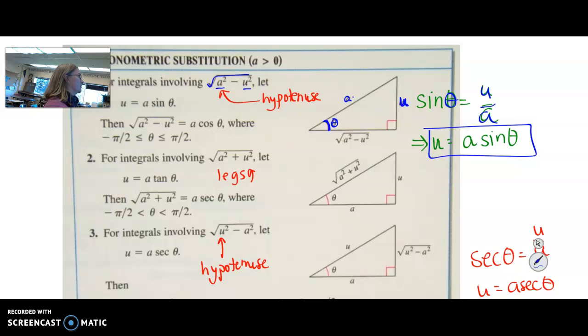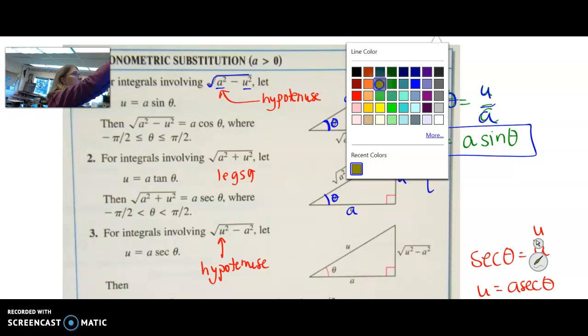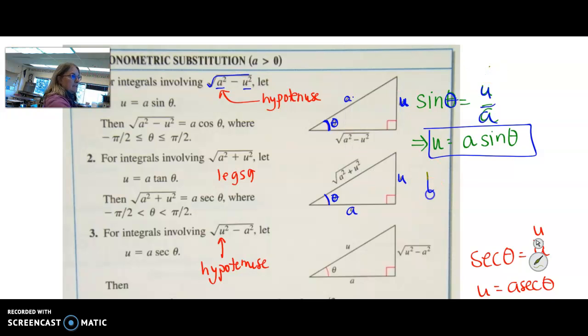All right, so that's number 1. The next one, when you have a squared plus u squared, those are going to be my legs, and I have a here and u here, and if this is theta, the trig function that involves those two legs is the tangent. So the tangent of the angle is opposite over adjacent.